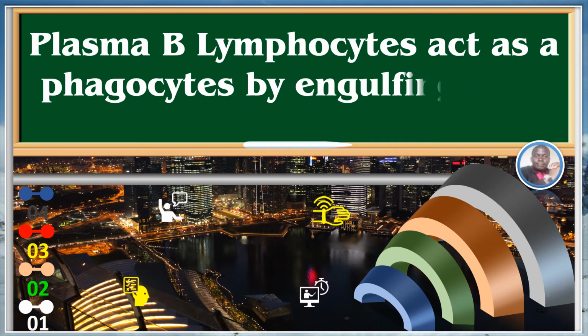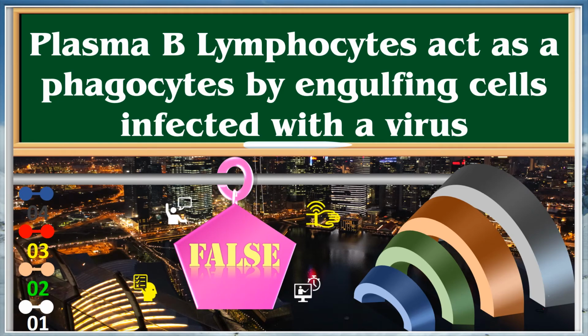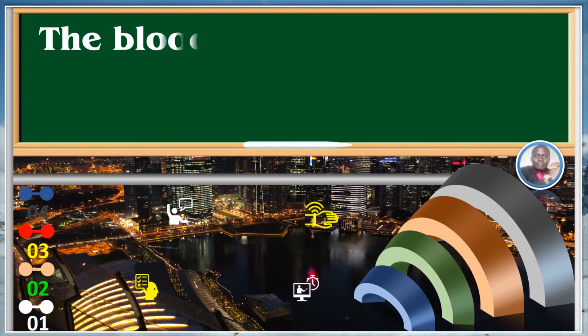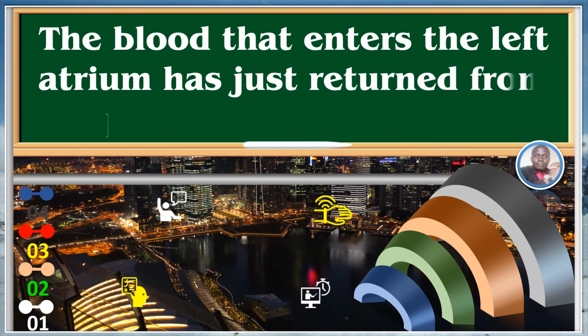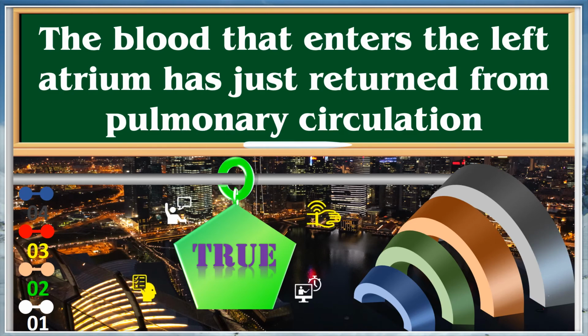Plasma B lymphocyte acts as a phagocyte by engulfing cells infected with a virus. False. The blood that enters the left atrium has just returned from pulmonary circulation. True.